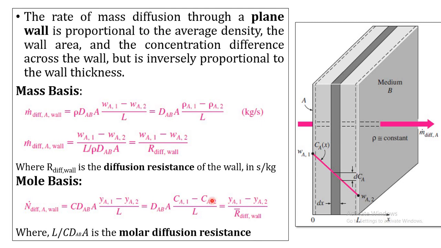If you represent it with the molar concentration CA1 minus CA2, the molar diffusion resistance will be L by A DAB.